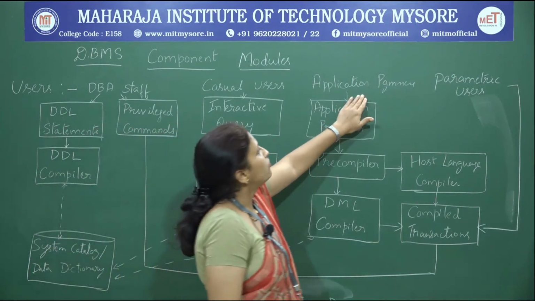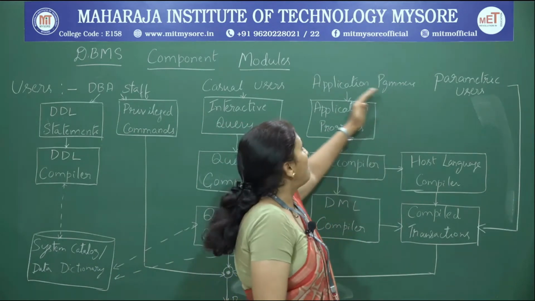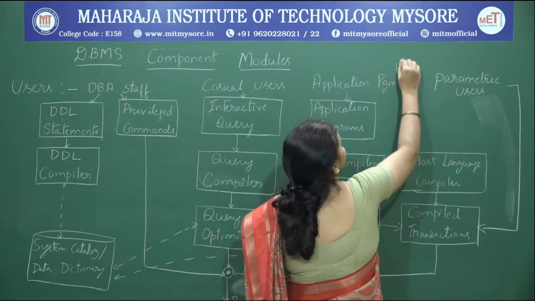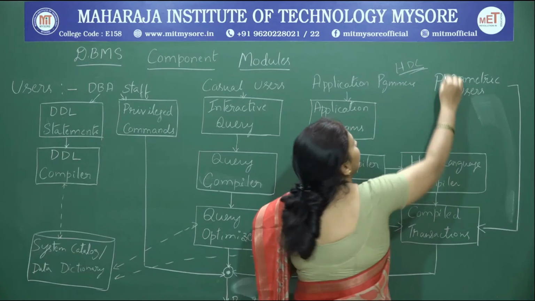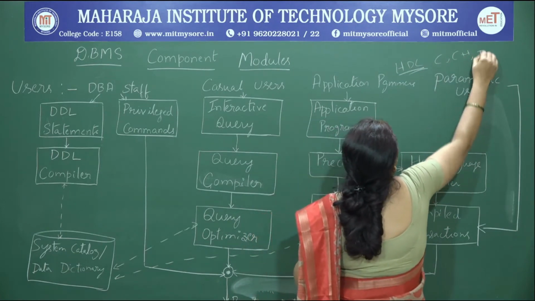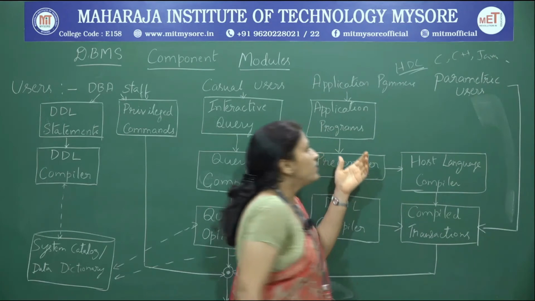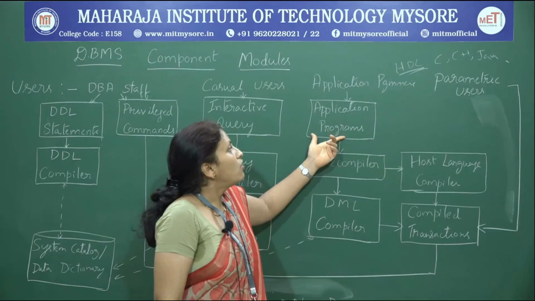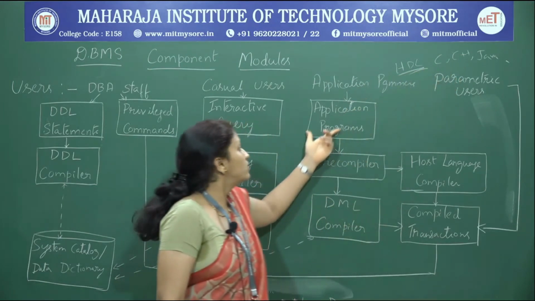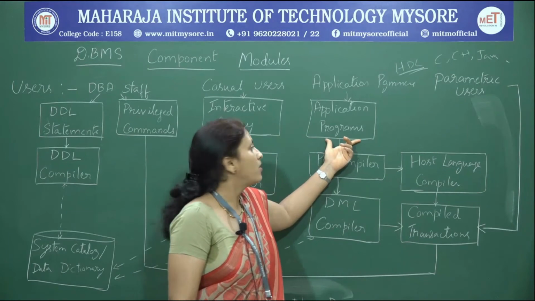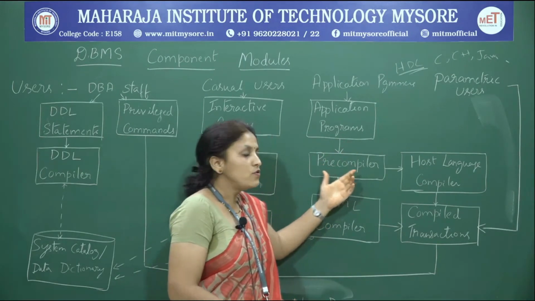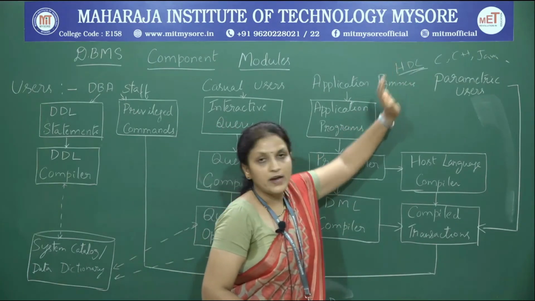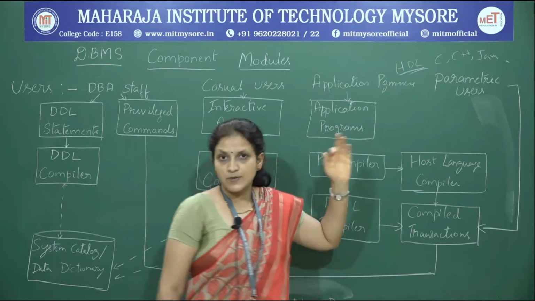Next comes the next category of user, that is the application programmer. The application programmer will develop an application program using high level languages, okay, like C, C++, Java, etc. Along with the high level language code, the program also includes queries, which are embedded inside it. So, the pre-compiler is going to separate those database specific queries from the host language code, that is C, C++, Java, like that.